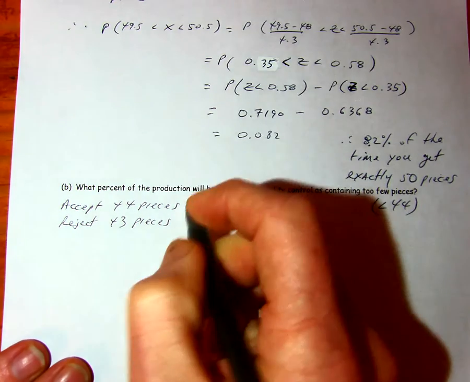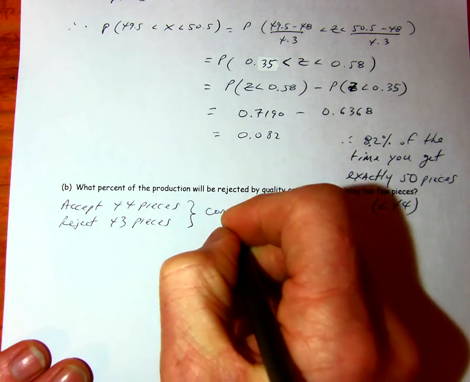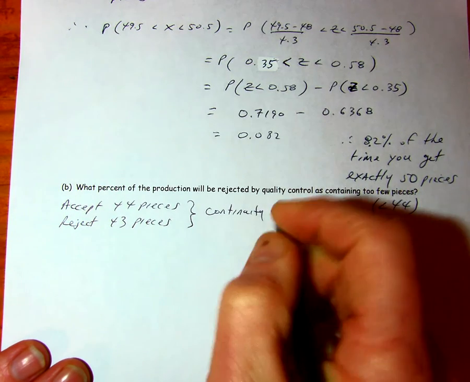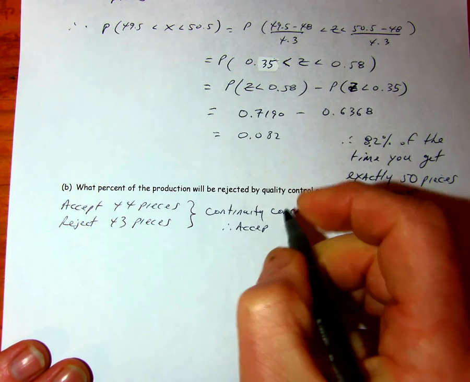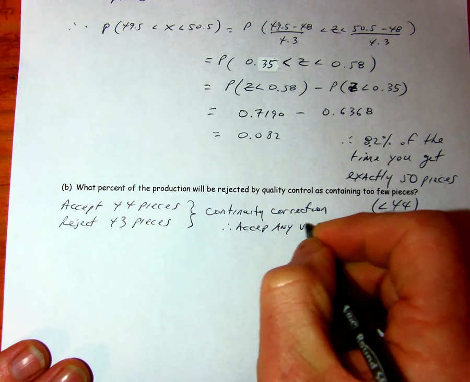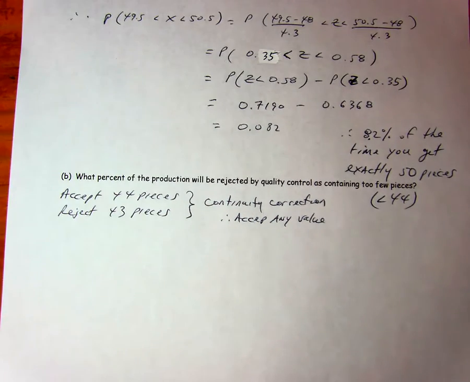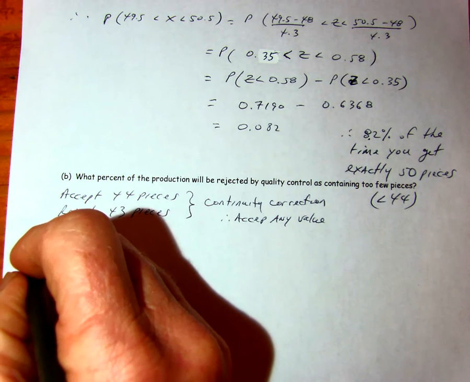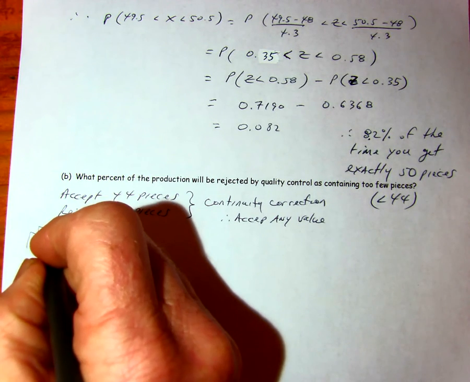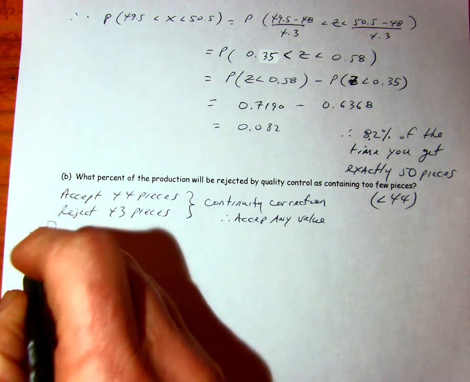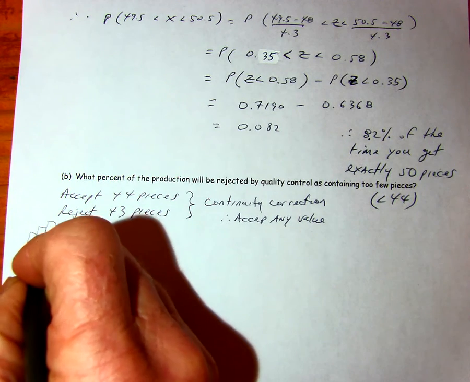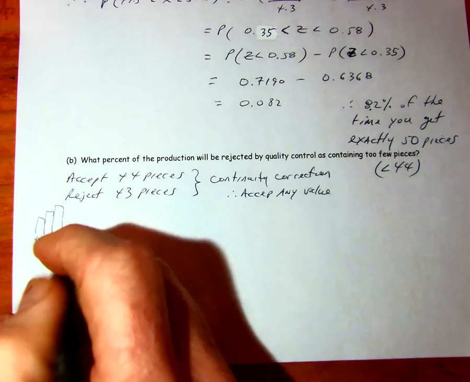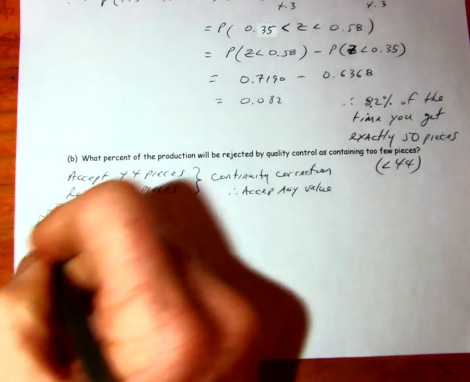So if we use continuity correction, we're going to accept any value that is what? If you had a histogram, with 42, 43, 44 pieces, remember, we're going to approximate this discrete data with a continuous thing.